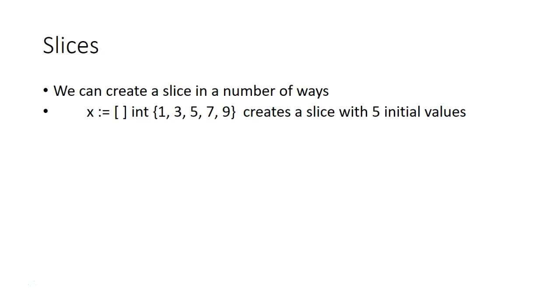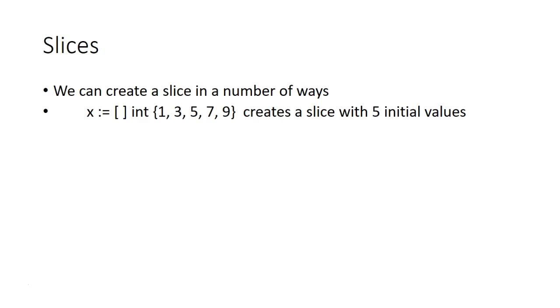I can create a slice by saying x := . Now I'm using the short declaration operator. x is a variable, and I say colon equals, and we don't know yet what it is, but the next thing that happens is open and close brackets. So this tells us that we're talking about a slice. So I read this in English by saying x is defined to be a slice of integers containing 1, 3, 5, 7, and 9.